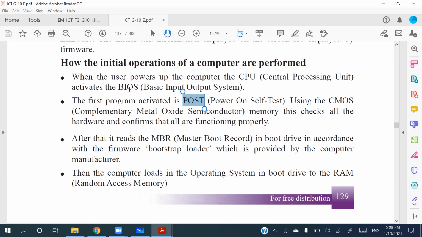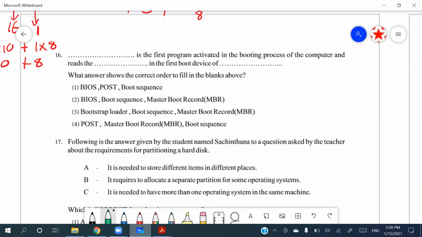So then POST is going to be the first blank in the question, right? POST is the first program activated in the booting process of the computer, reads the master boot record in the first boot device of the boot sequence. So the correct one is the fourth in the 16th. So not the BIOS. It is a little bit deceiving, right?